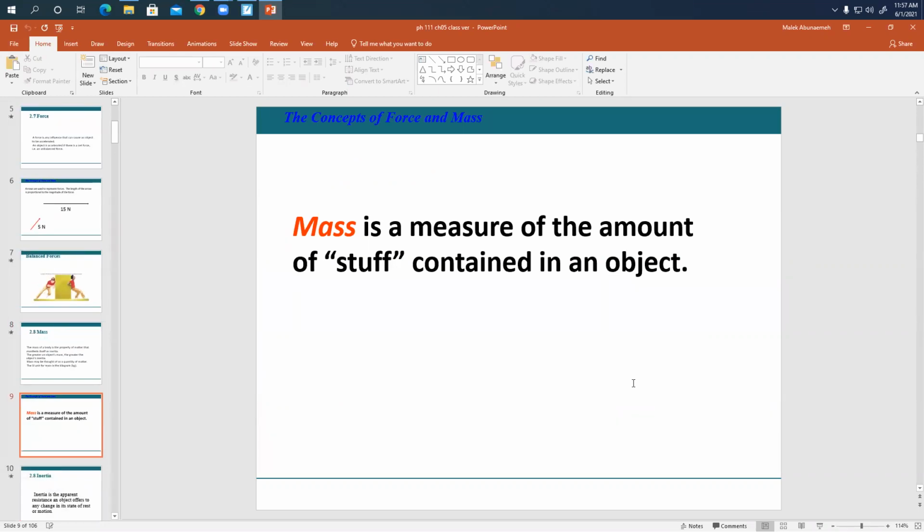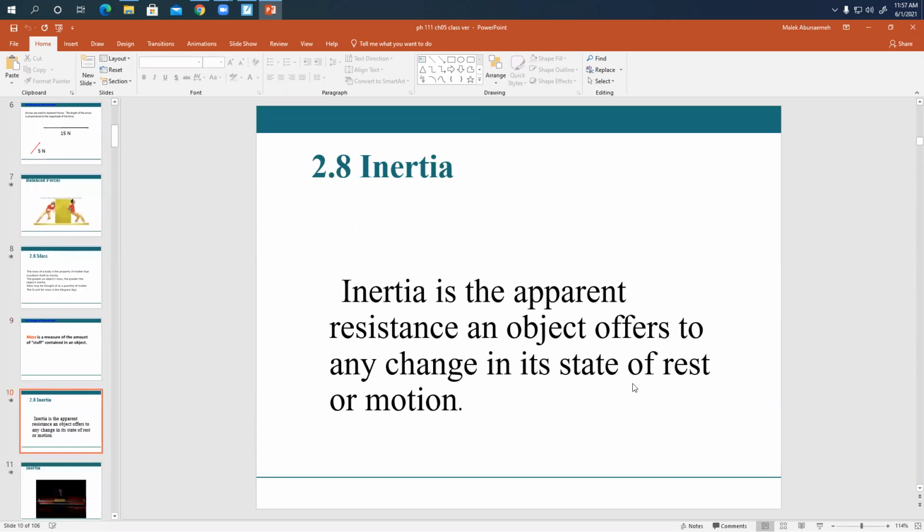So mass is the measured amount of stuff contained in the object. Now, inertia is the apparent resistance of the object to any change to its state of rest or motion.